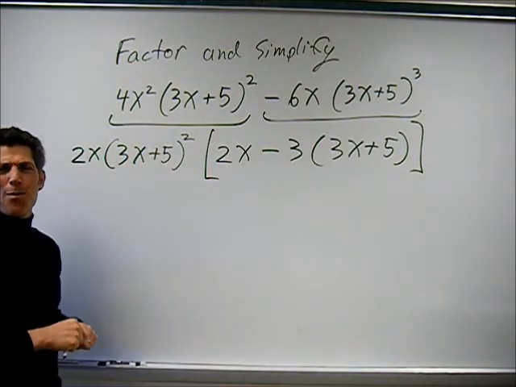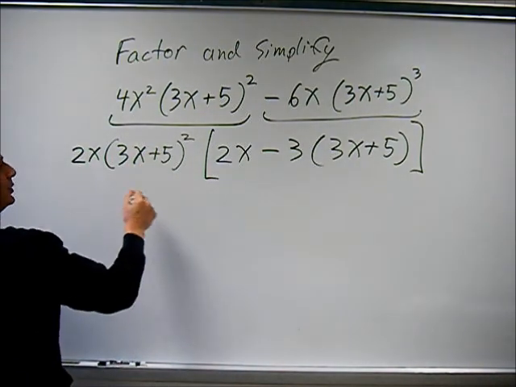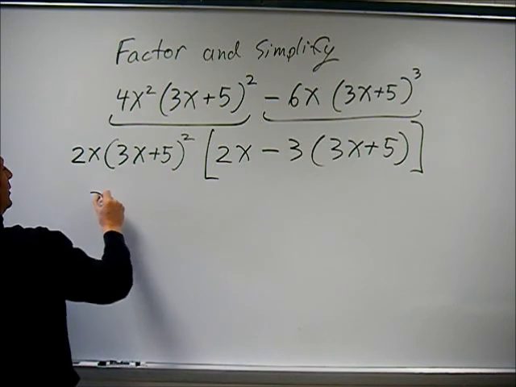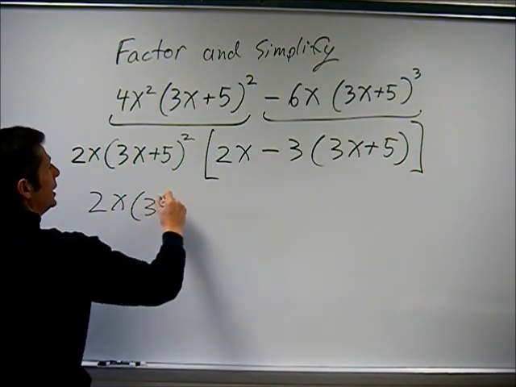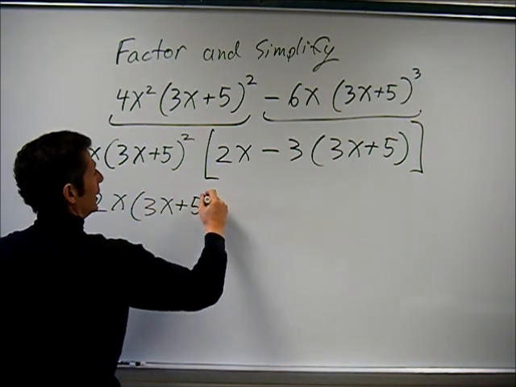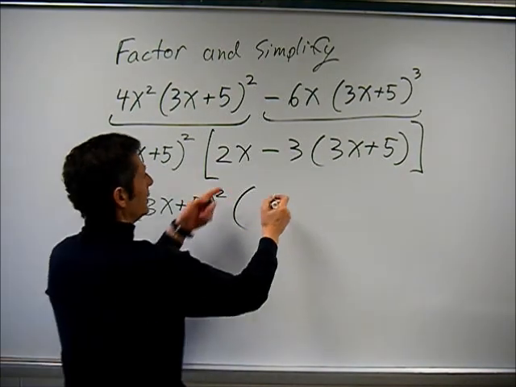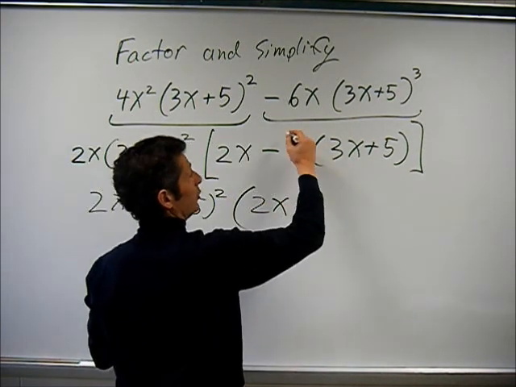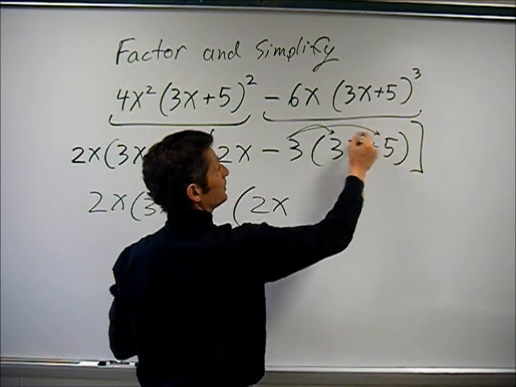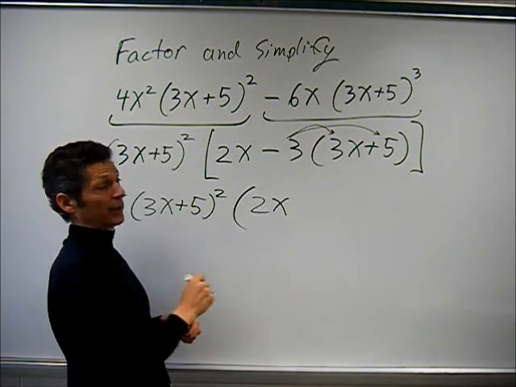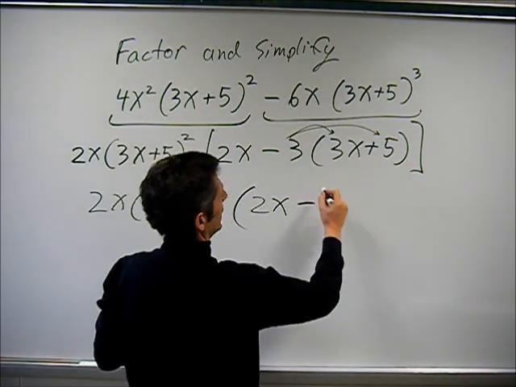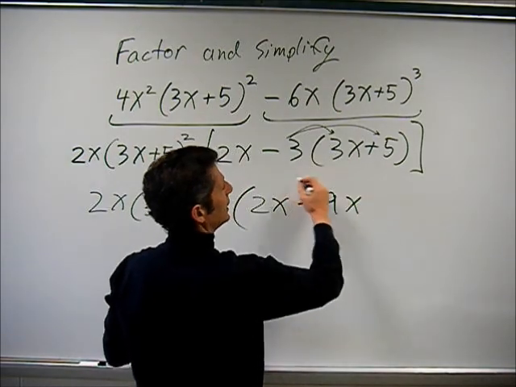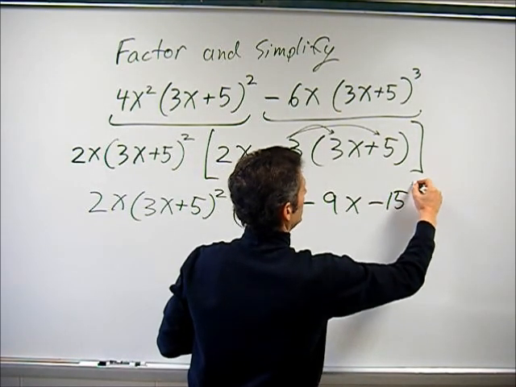Beautiful. And then I'm just going to clean up what I have left there. I have a 2x, a 3x plus 5 squared. And inside here, I have a 2x, and I have to distribute this negative 3. The sign goes with the 3, so negative 3 times 3x gives me negative 9x, and negative 15.